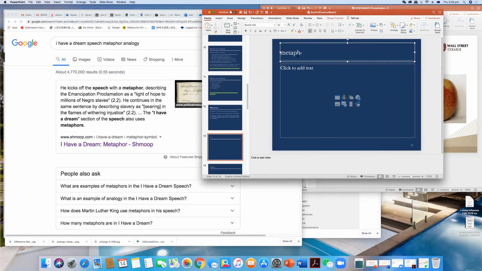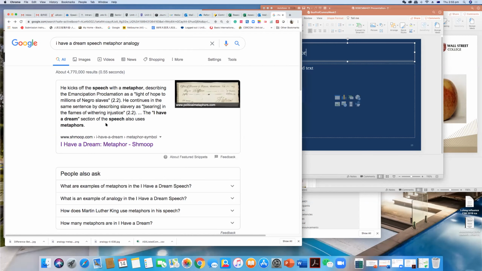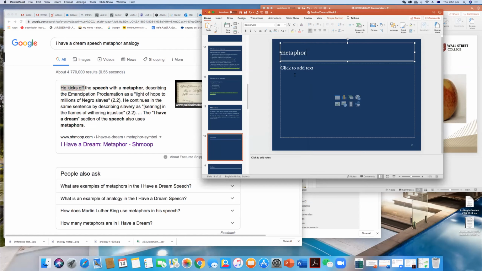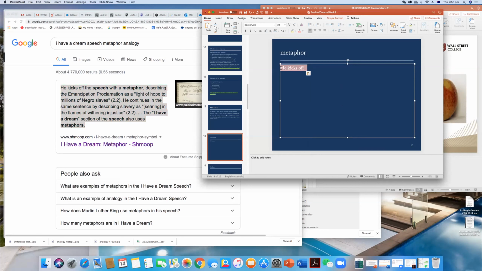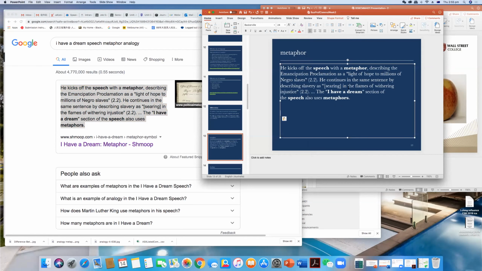So metaphor, the example at the beginning of the speech, it mentioned. Sorry, wait a minute, I didn't copy it. The light of hope is a metaphor, and also I have a dream is a metaphor.